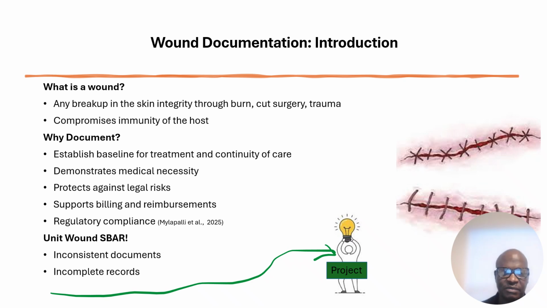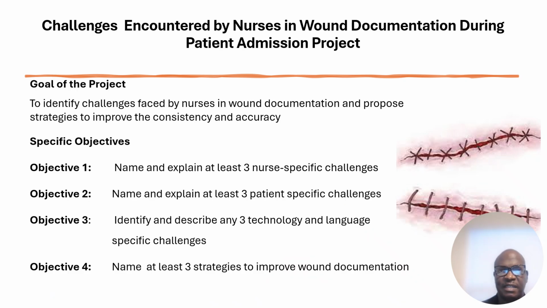To address this problem, we designed the current project. The main goal was to identify the challenges that nurses faced in wound documentation and propose strategies to improve the consistency and accuracy of wound documentation.